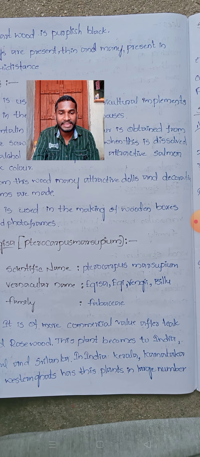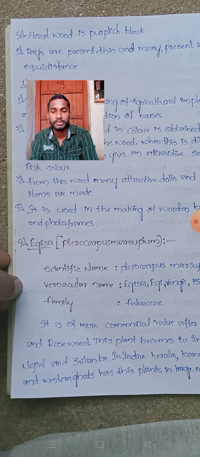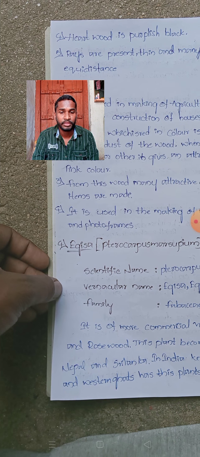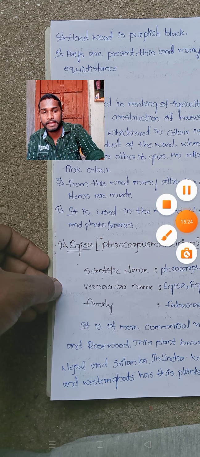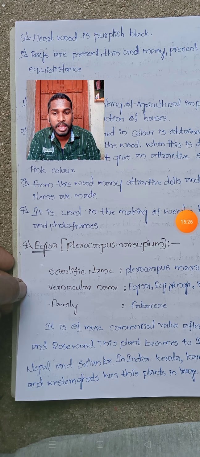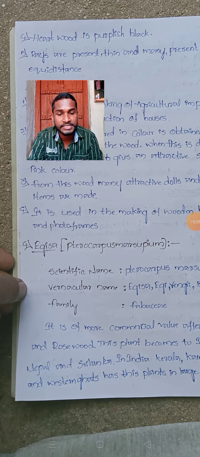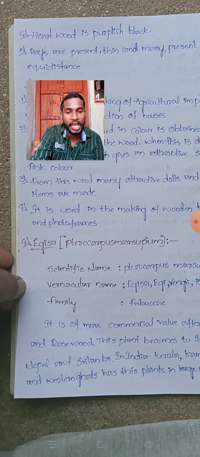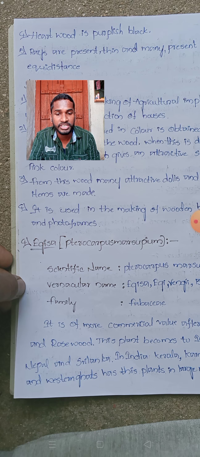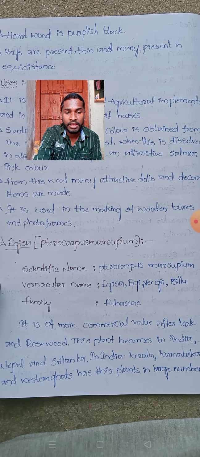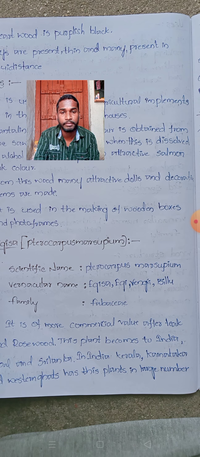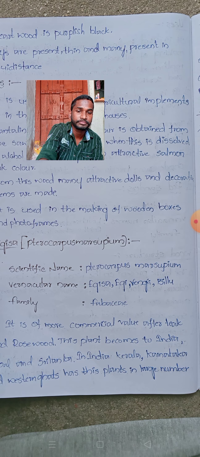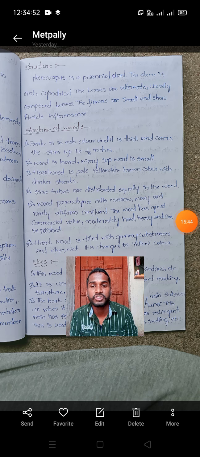This plant is native to some Indian places, Nepal and Sri Lanka; in India, Kerala, Karnataka and the Western Ghats have these plants in large numbers. Structure.